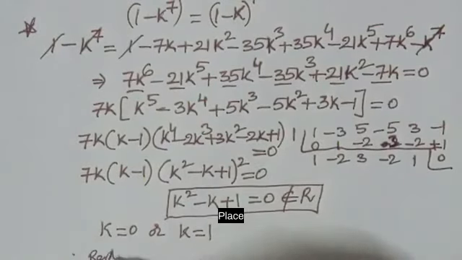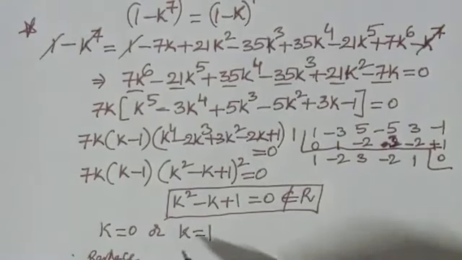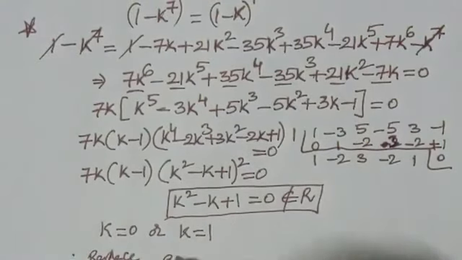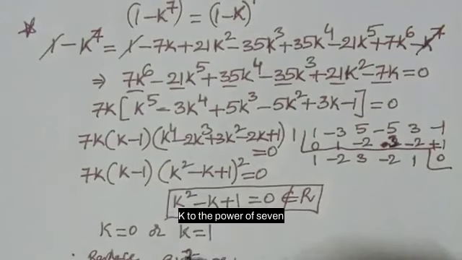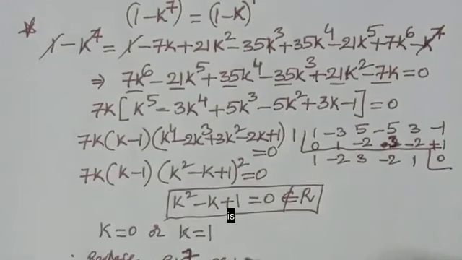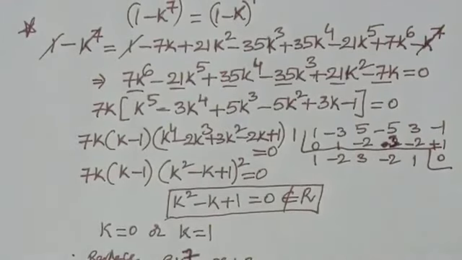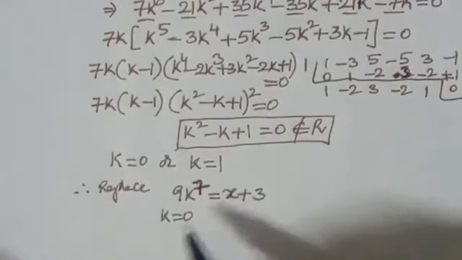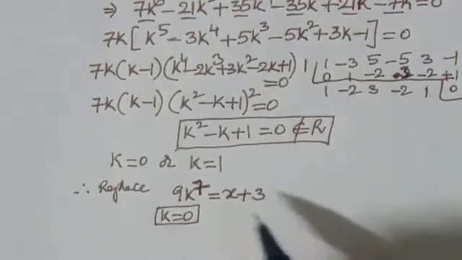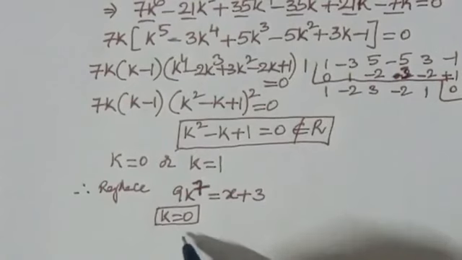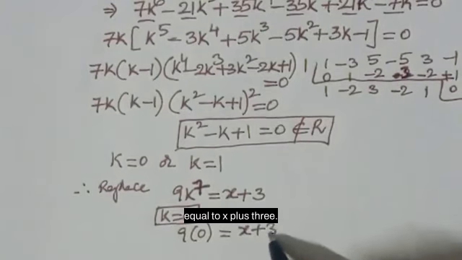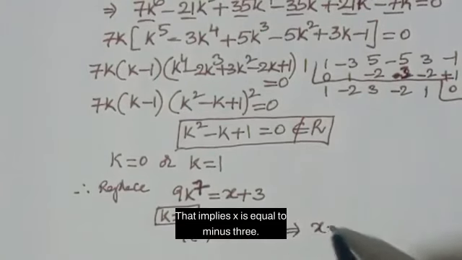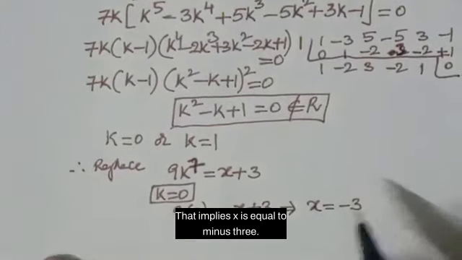Now replace this in 9k to the power of 7 is equal to x plus 3. So first, if we take k equal to 0, we get 9 into 0 equal to x plus 3, that implies x is equal to minus 3.